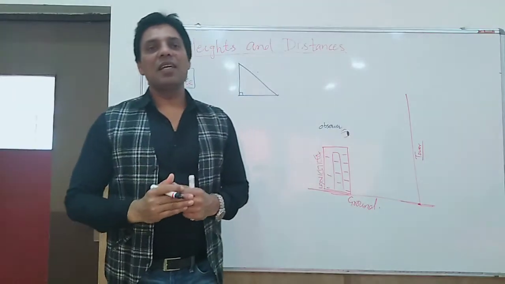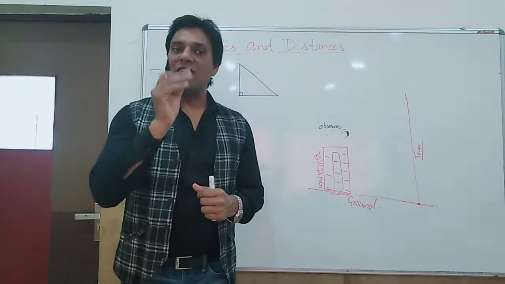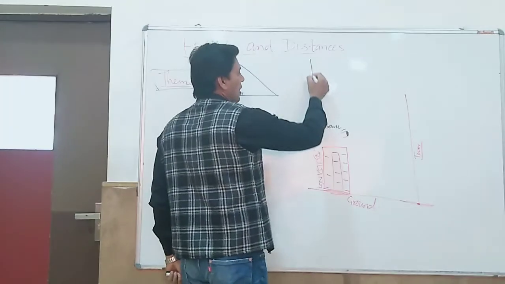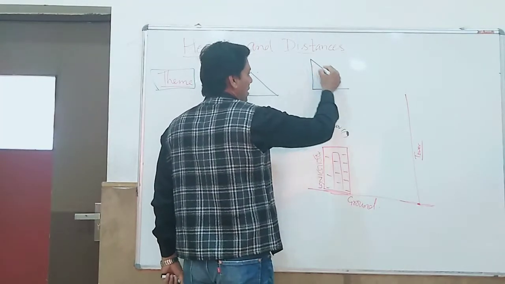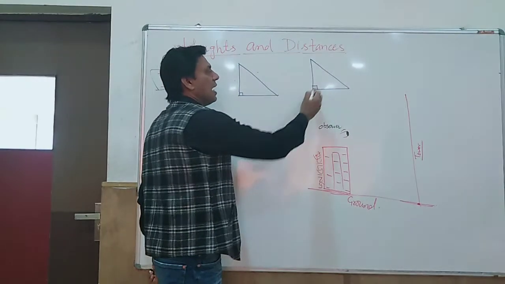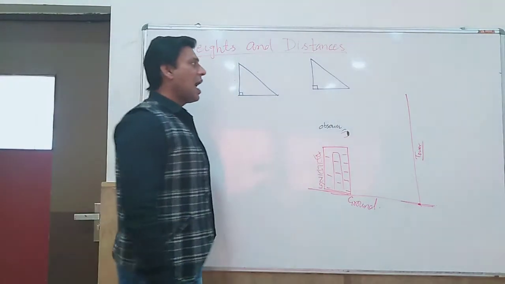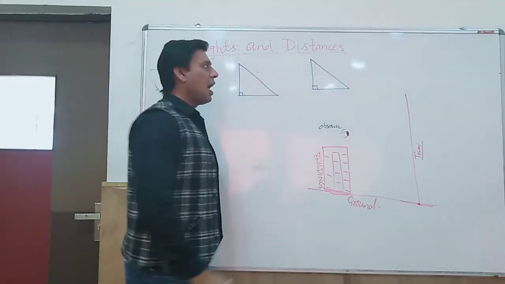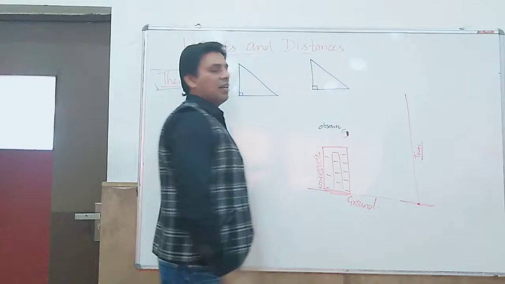But what happens if you are having only one side and one angle? So now in trigonometry and especially in height and distance, there will be a right triangle and we will have one of the sides and one of the angles.